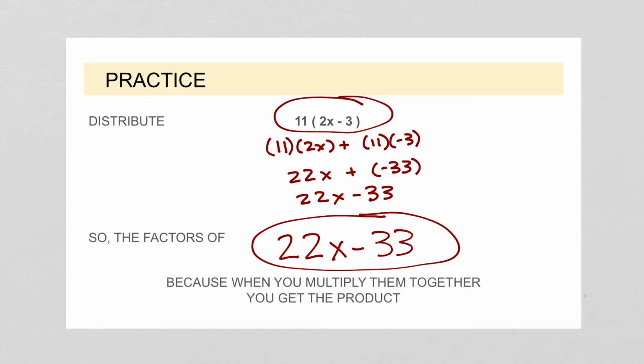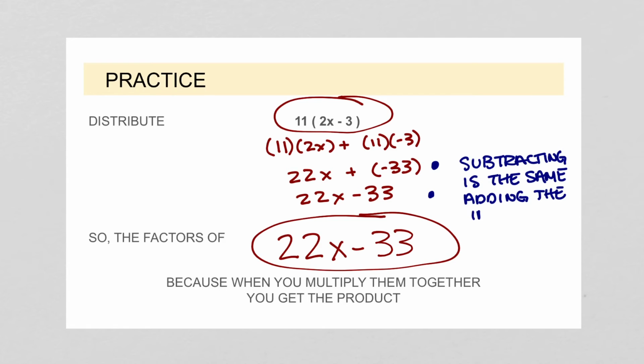How can I go from this step to this step? Well, remember that when we subtract, this is just a side note on why we can write that as a minus. We know that subtracting is the same, remember back to the very beginning of the semester, as adding the inverse, right?